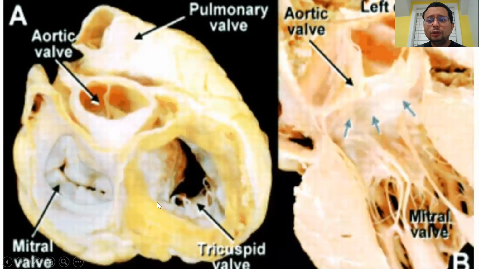One difference I want to draw your attention to between the mitral valve and the tricuspid valve: around the mitral valve annulus there is fibrous tissue, but around the tricuspid valve annulus there is no fibrous tissue. It is just the atrial wall.